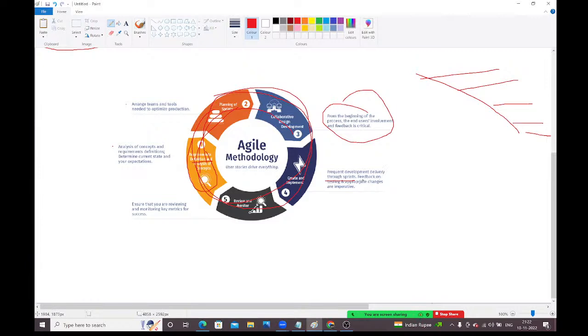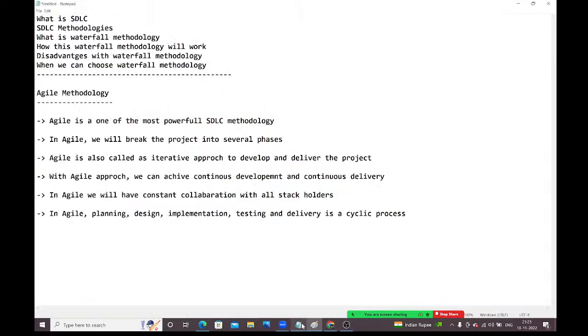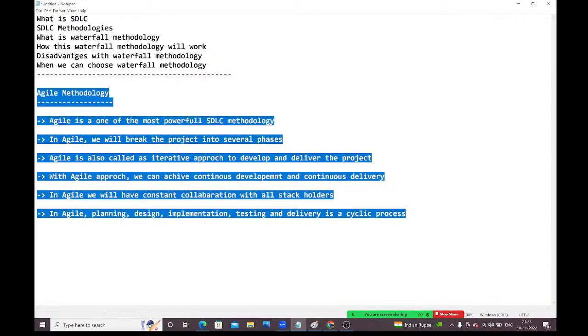Feedback on the testing and appropriate changes are imperative. Next, ensure that you are reviewing and monitoring key metrics for success. So Agile is a cyclic process, guys. Now read the steps once.